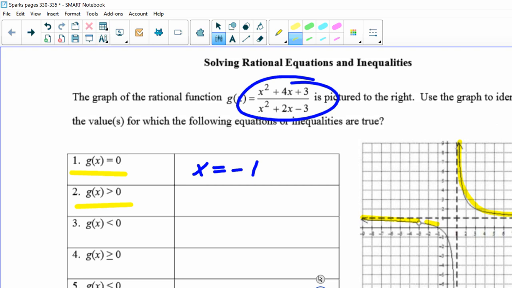So from -infinity to, what about that hole? Oh, we haven't talked about that hole yet, have we? So we're going to say -infinity to where? To -3. Is -3 included or not?